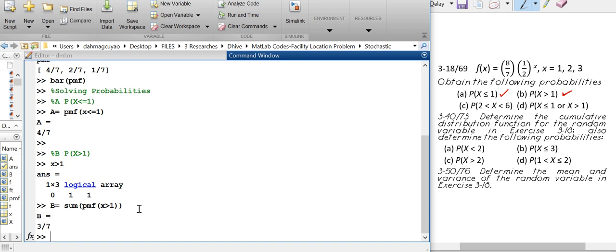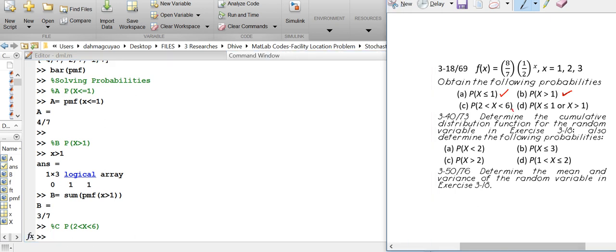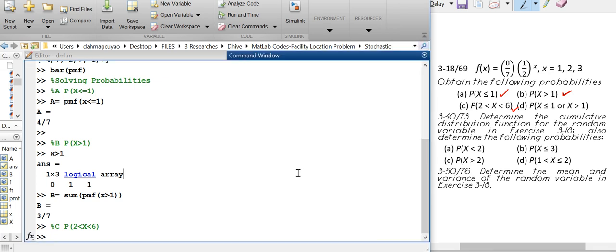Next, for letter C, the probability that 2 is less than x and x is less than 6. For the values of x between 2 and 6, I think it is only 3.